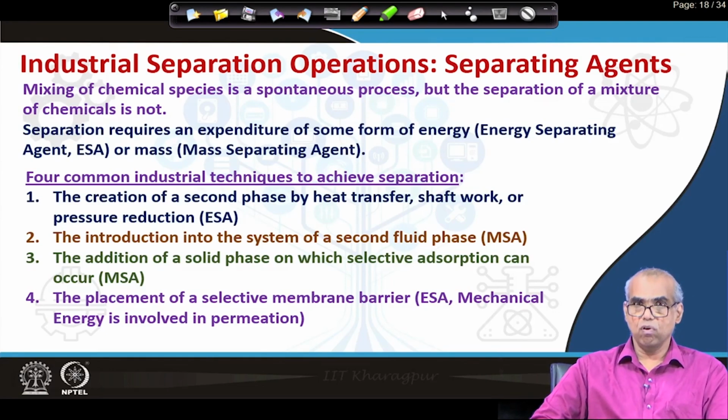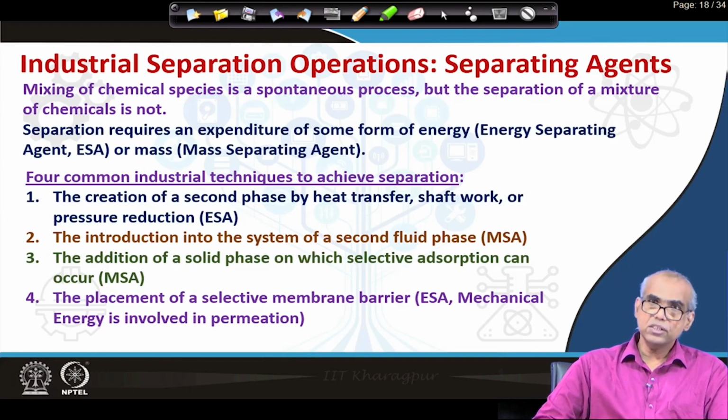Expenditure of energy is involved, whether we heat the feed stream or we cool down the feed stream in case of cooling crystallization. Second, the introduction into the system of a second fluid phase. So, we introduce a mass, so mass separating agent is involved. For example, a liquid extraction.